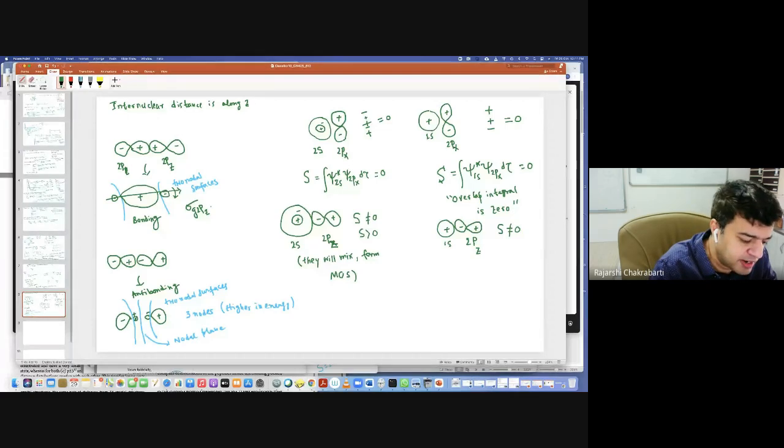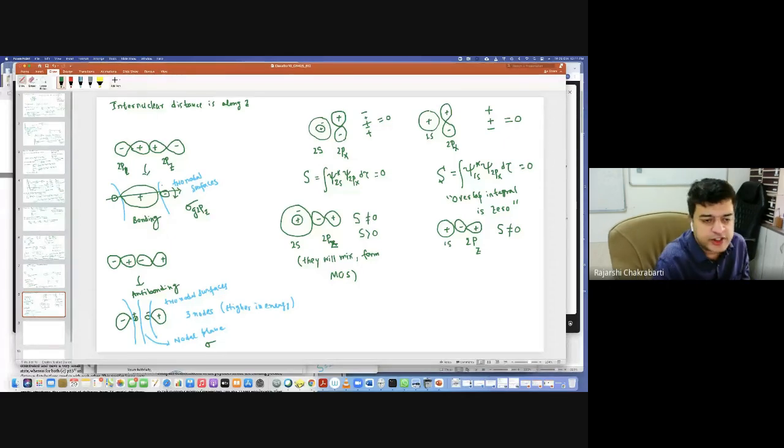This is fine. If I write like this, what about this? This is going to be sigma star. Why is it g? You remember, no? If you take one point from here and draw a line passing through the center of the molecule, the center of inversion, and that point does not change sign, then it is gerade, G. If it changes sign, then it is U, ungerade.